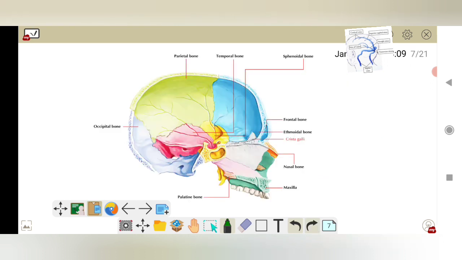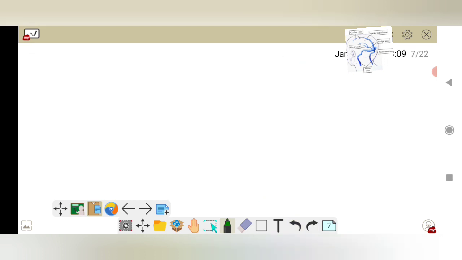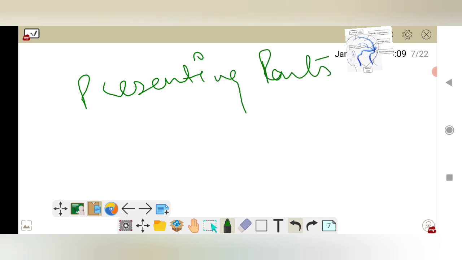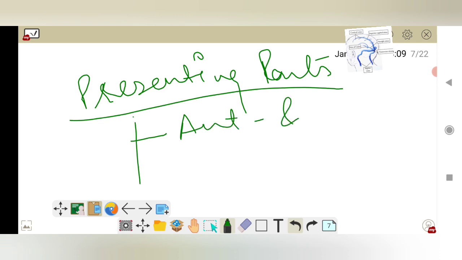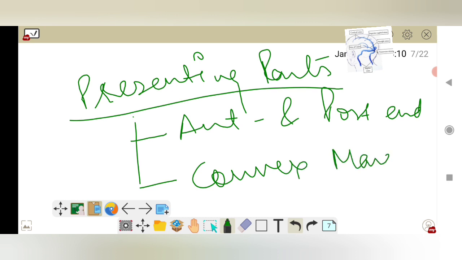Now, what are the presenting parts of the falx cerebri? In 3D, we see two ends, anterior and posterior, and two margins. We have the convex margin, that is the attached margin, and the concave margin.